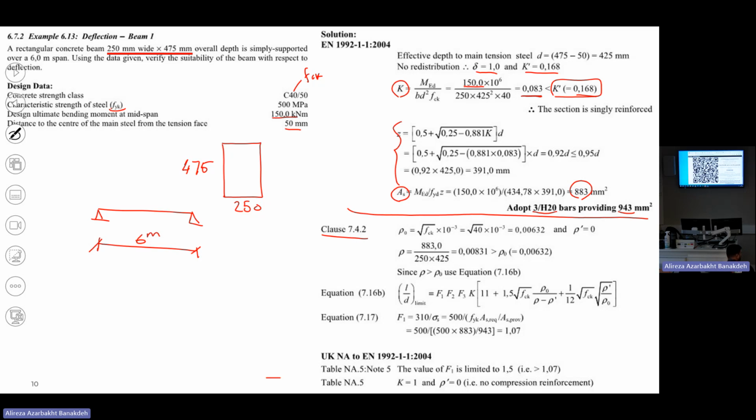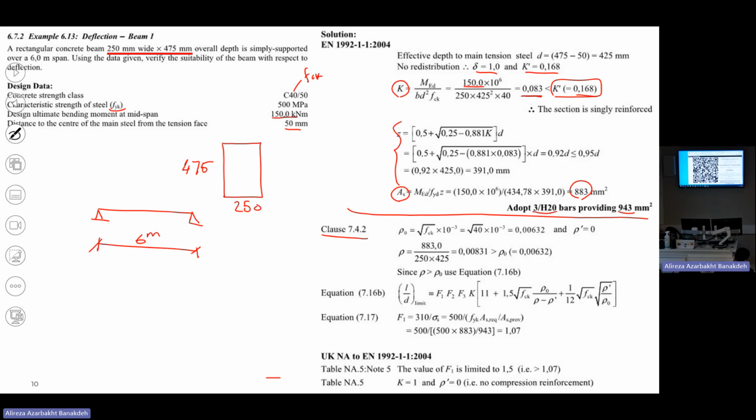Keep in mind, when you have distributed reinforcement in your section, whatever section you have, you will decrease the potential of getting cracks in your concrete. So once you have the As equal to 883, then you assume a number of bars: 3 number 20, 4 number 18, or 3 number 25.